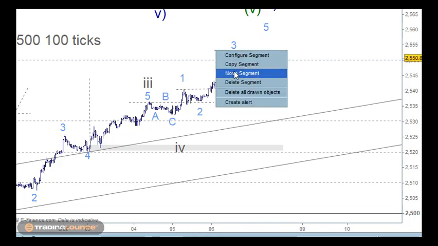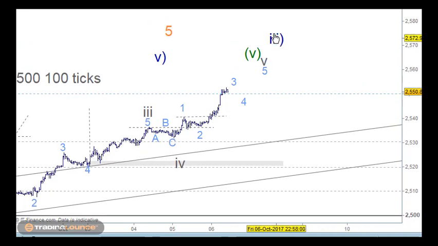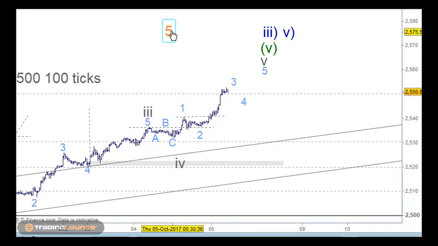A little correction to come down here, then to complete this wave 3 to the upside here, so a little bit more height on that. Once again, it's the same pattern that we're looking for. If we come across here a bit, we've got this as 3 or 5 here.